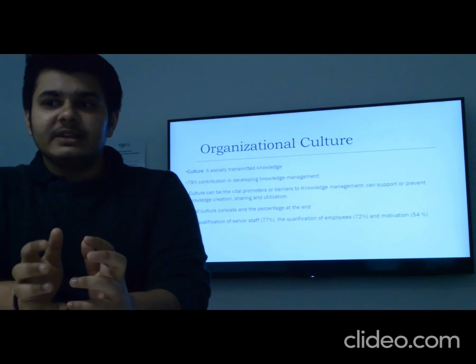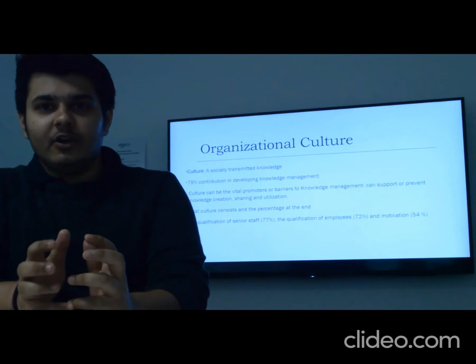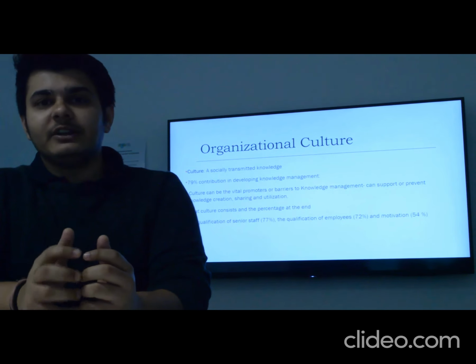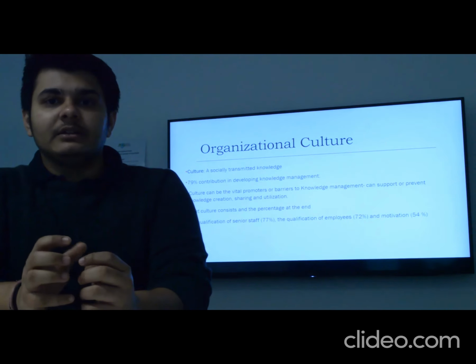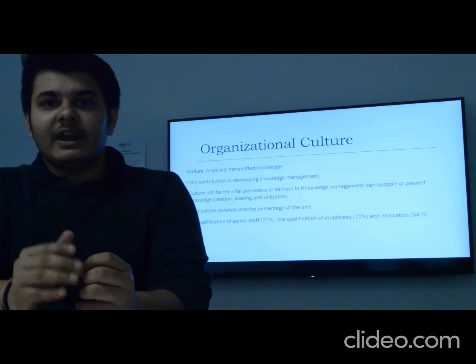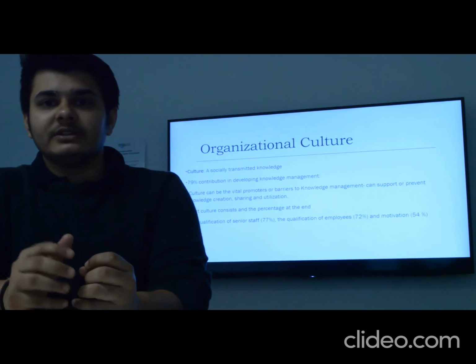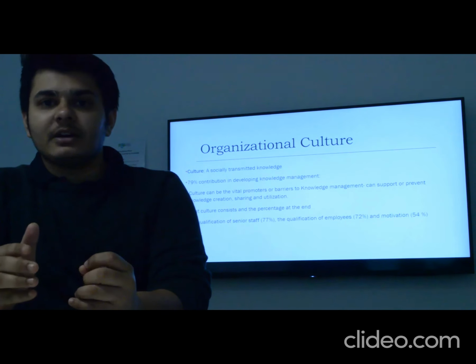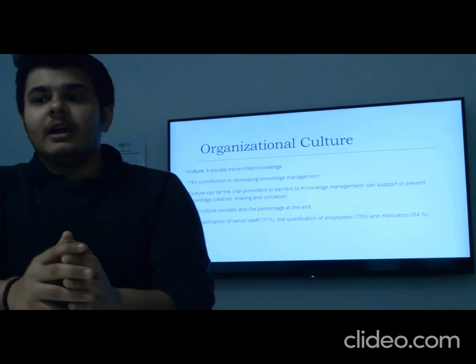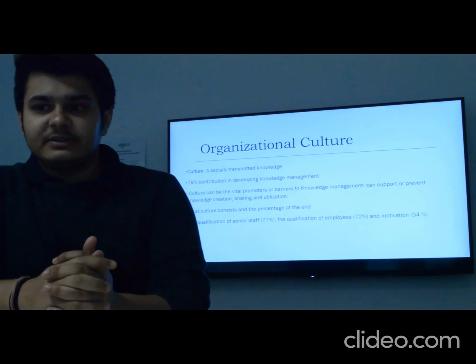Culture is basically socially transmitted knowledge. What I found through the literature review is that organizational culture contributes to a 79% growth rate in the knowledge management system. A better culture means better knowledge practices, and in the end, a good knowledge management system.